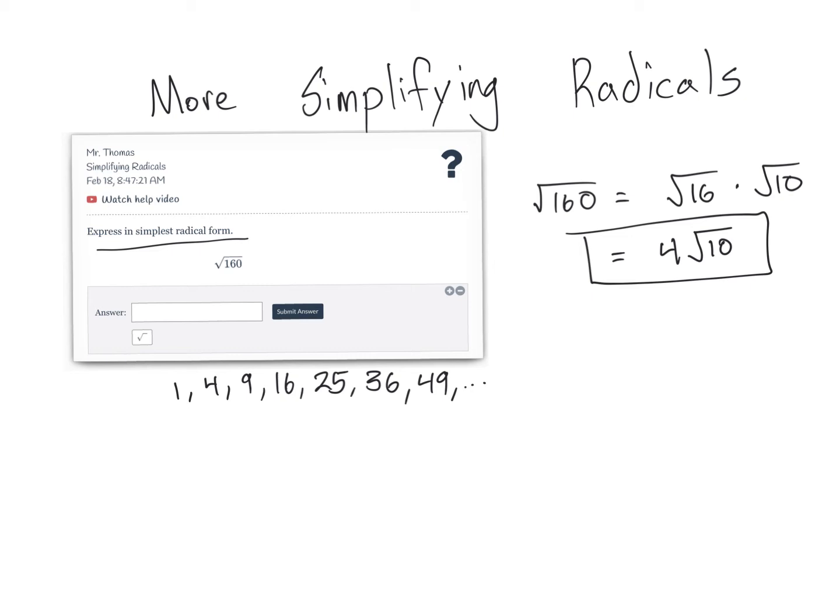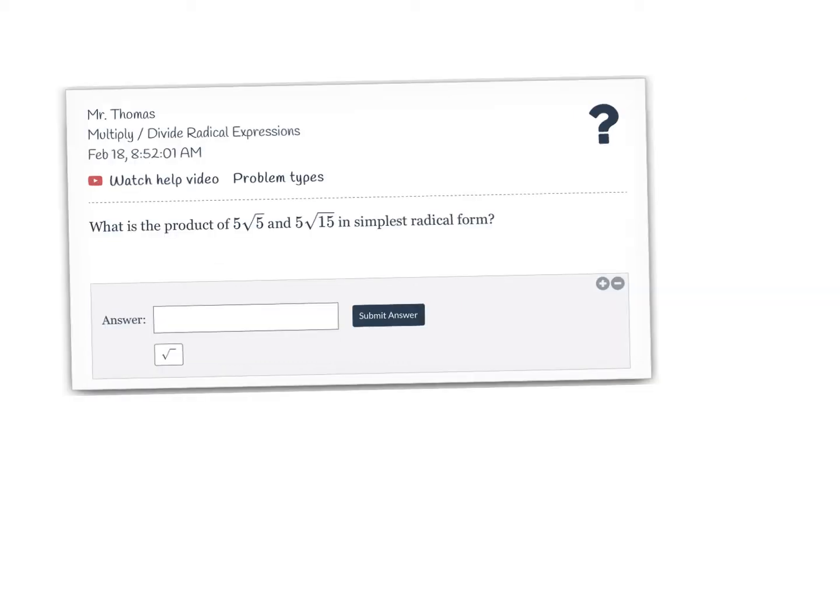All right, moving on. This question is, what is the product of 5 square root of 5 and 5 square root of 15? Well, you should know that product means multiply, so I wrote it out there. Those two radicals are being multiplied. So not really a simplifying question, a multiplying question, but you need to know the same principles.